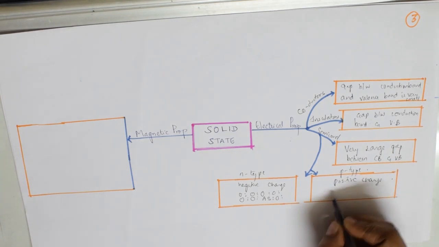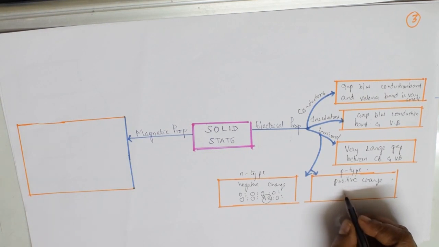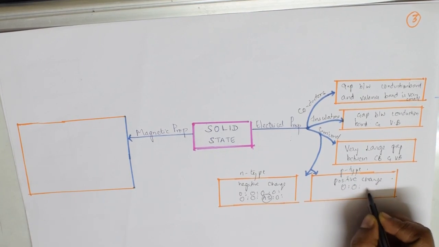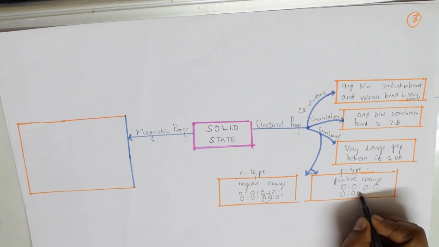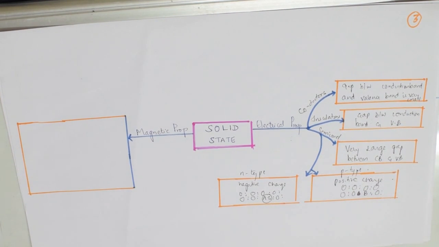Now when I take the positive charge, boron, you very well know its atomic number is 5.